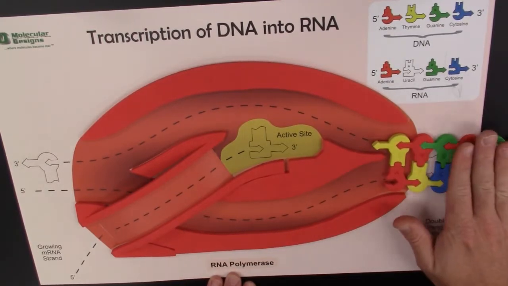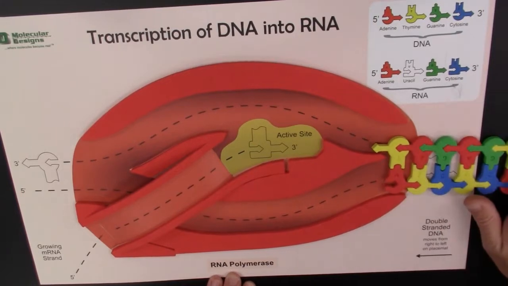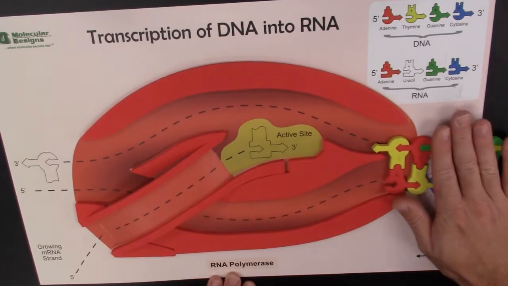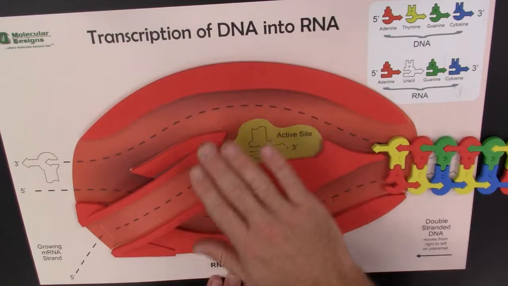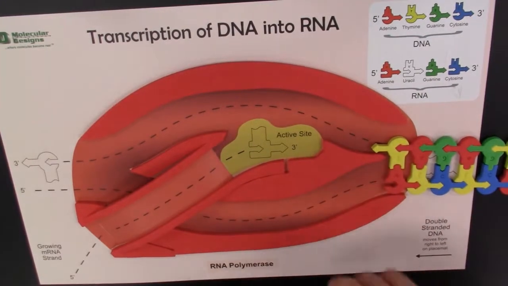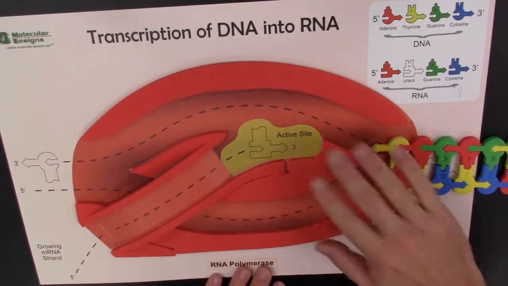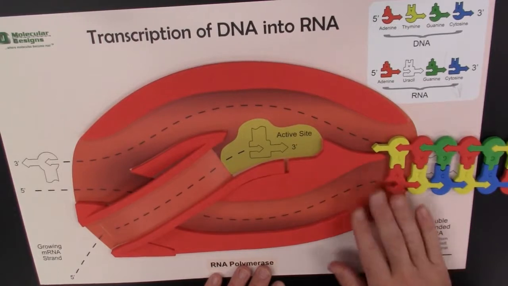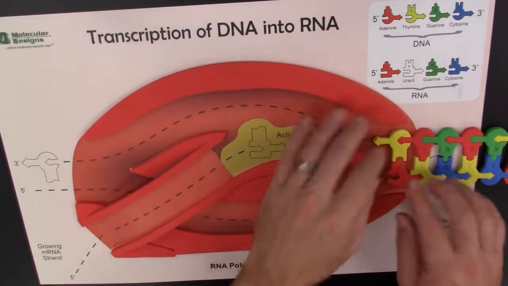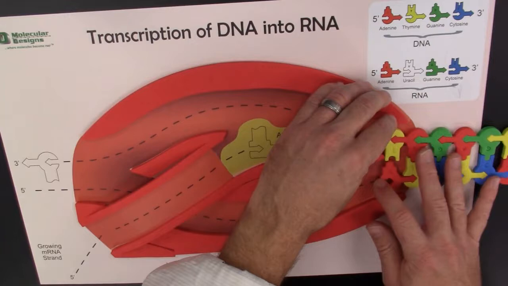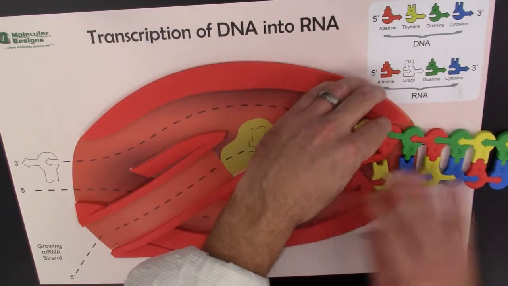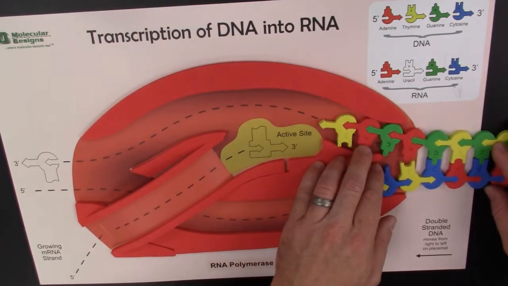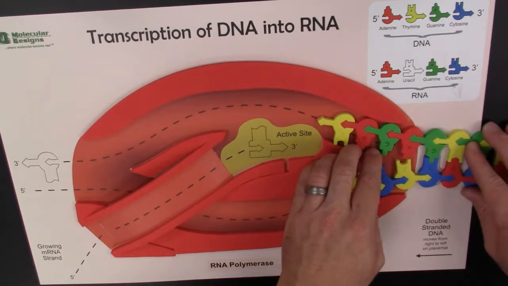Now there are promoters, sections in DNA that tell the RNA polymerase where to bind to and where to unwind. But this is just going to give us an overview using this model here. So let's say the promoter was here and we start to unwind. As we see, it's very similar to our DNA replication model.